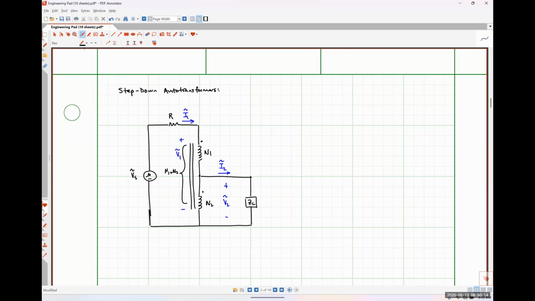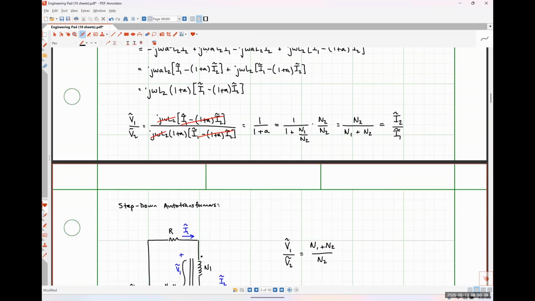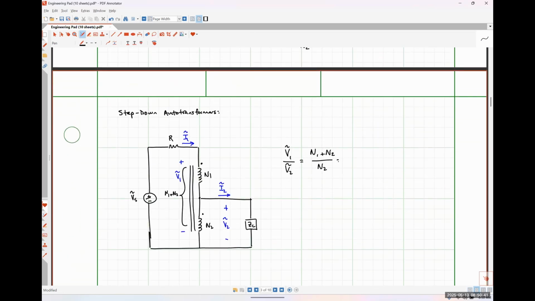So without doing literally any math whatsoever, and just thinking about it, we could say that V1 over V2 is going to wind up looking like N1 plus N2 over N2. Let me make sure that is indeed the opposite of what we have there. And that is going to be the same thing as the ratio of I2 over I1 for this guy.